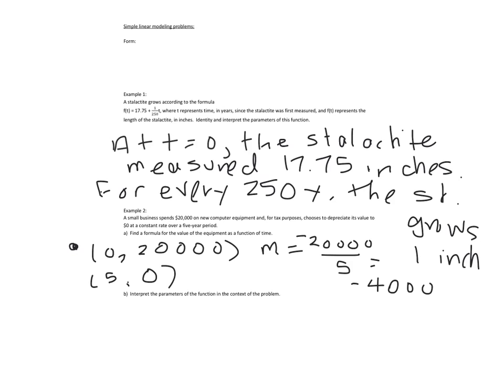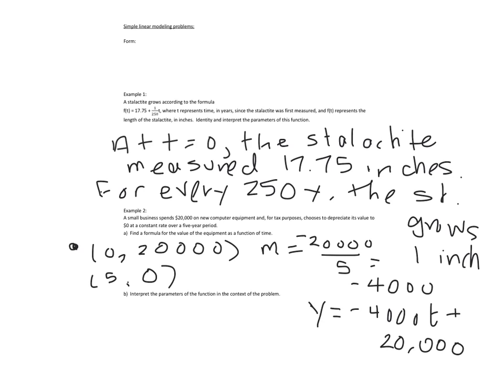So my equation then is y, or they asked me to write it, value for the equipment as a function of time. So I'm going to let t be time and y be the value of my equipment. So y equals negative 4,000 t plus 20,000.